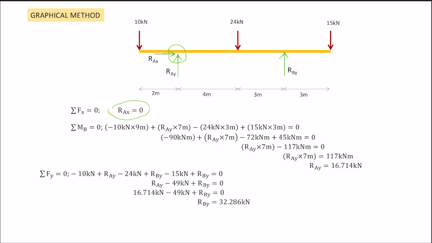Next, we can find the value of RAY by taking moment at point B. Total moment at B equal to 0. We have one force loading 10 kilonewton going to the B, meaning that it is counterclockwise, negative 10 kilonewton times the distance, 9 meter. Next, we have the reaction RAY going to B times 7 meter distance.